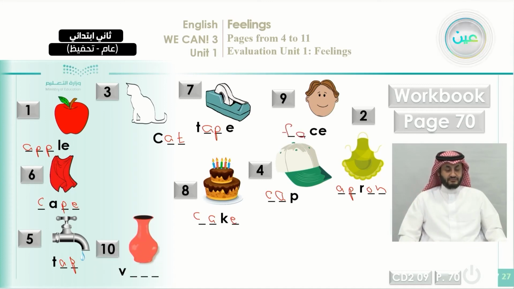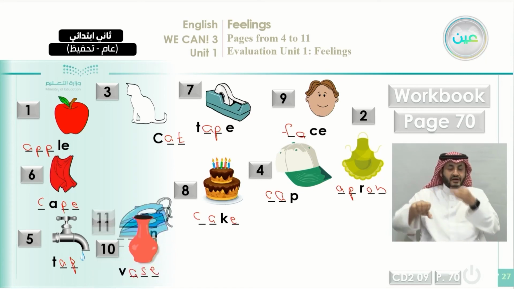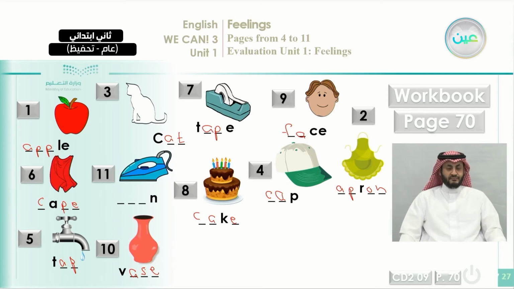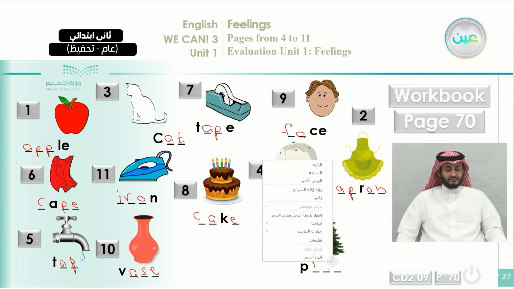F-A-C-E. And here, what is it? Yes, exactly. It is a vase. V-A-S-E. We call it vase. And here, this is iron. I-R-O-N. And here, what is this tree? We call it pine.